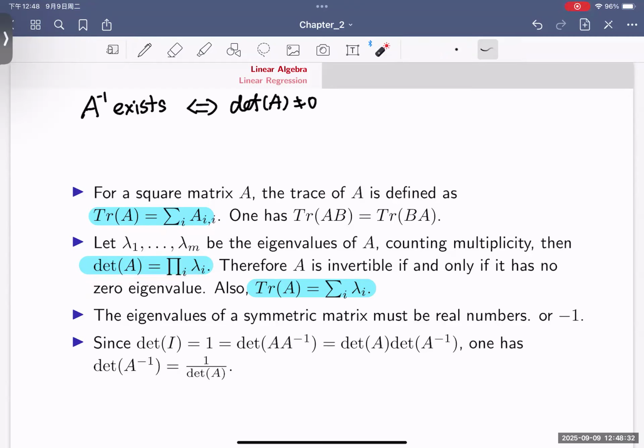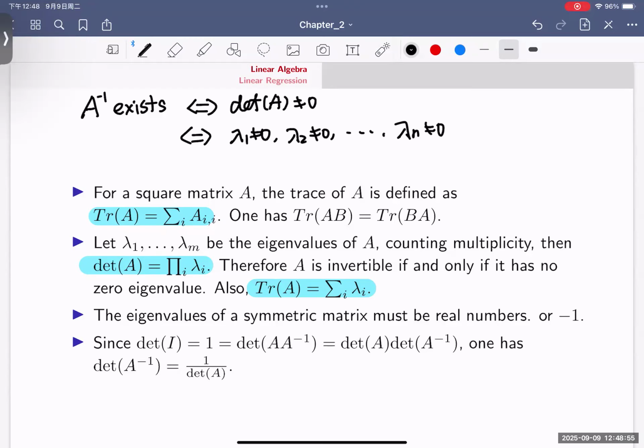If we want the product of the eigenvalues to be non-zero, it means none of the eigenvalues is 0. So this matches our earlier statement.